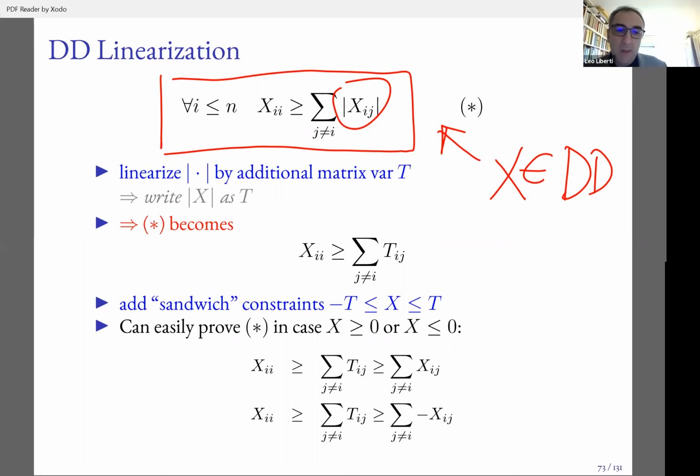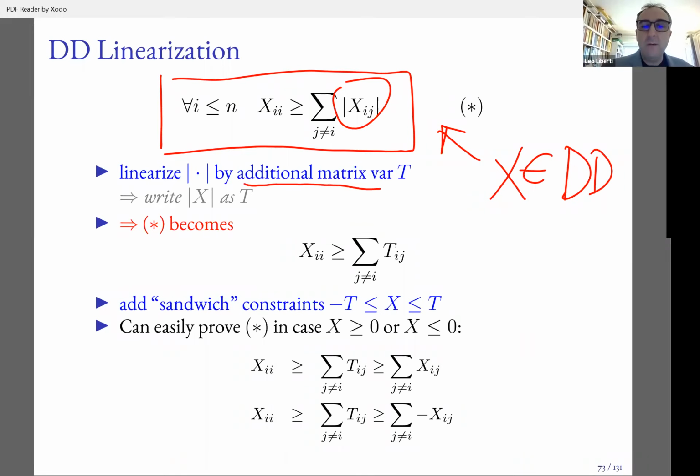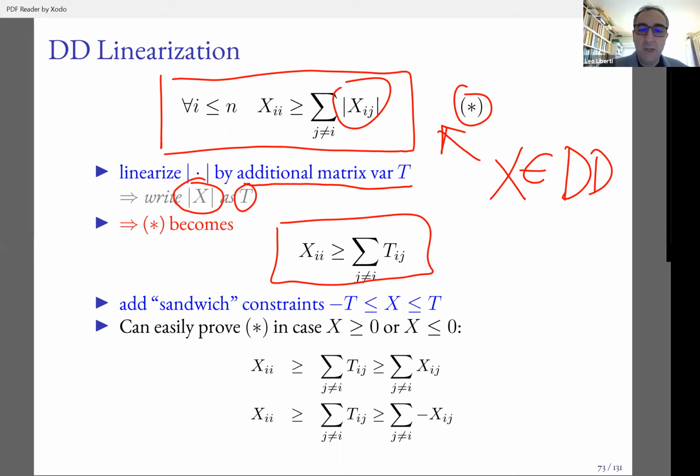In particular, there's an easy reformulation to linearity by introducing an additional matrix variable T, still n by n and symmetric, and then you can replace this nonlinear term, which is the absolute value of the matrix X, with T, and then this becomes this, just by replacement.